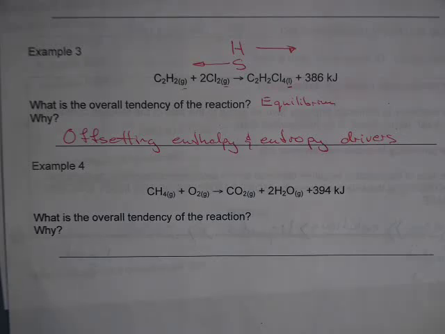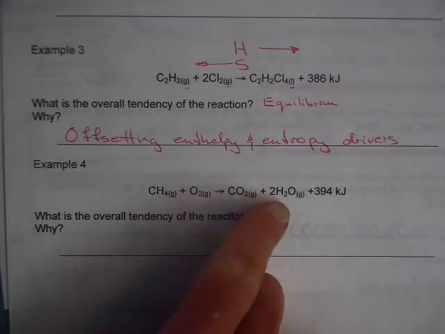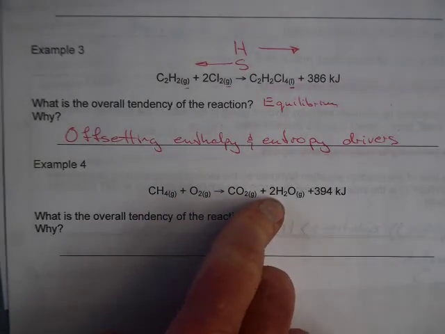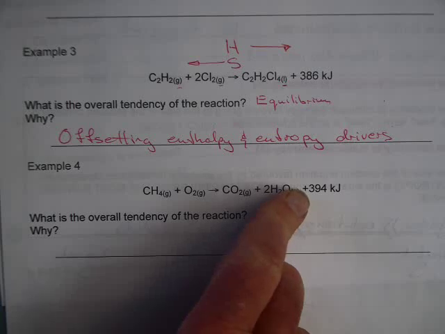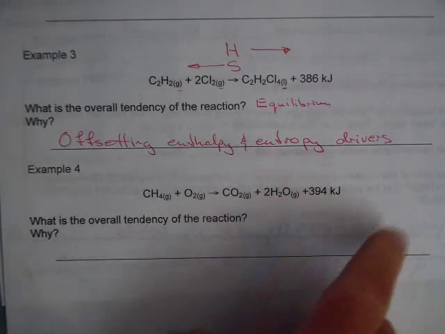Well, look at this one here. The one that you just did. What's the outcome of this one? Yeah, why? 2 reasons. Very good. So entropy favors this side, right? And it's exothermic.